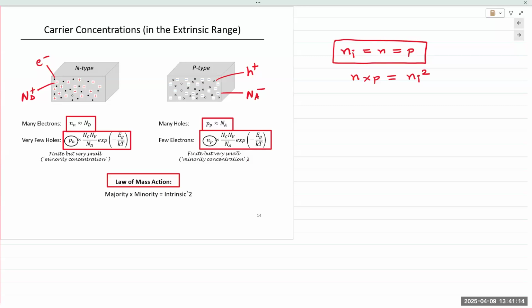So what is exactly happening? Let's talk about what's happening. Again, this is a very important equation. N times P is equal to Ni square, where Ni is the total number of intrinsic generated carriers. So let's say we have an N-type material. We introduced 10^18 donor atoms in there. Every single one of them donates an electron. So now the number of electrons has increased, right? You have intrinsically generated electrons, you have intrinsically generated holes.